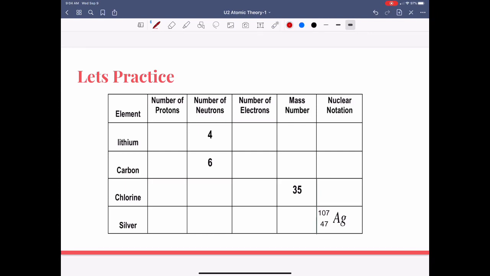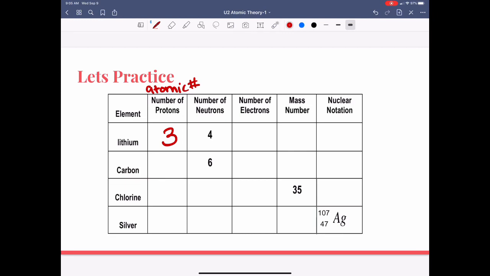Now that we hopefully have a clear understanding of our protons, electrons, and mass number, let's take a look at some examples. These are in your packets there for you to do along with me. If we look at lithium, look at your periodic table in front of you, what is the number of protons? Remember, number of protons is equal to the atomic number, the number in the top of your little box on the periodic table. So lithium is 3.